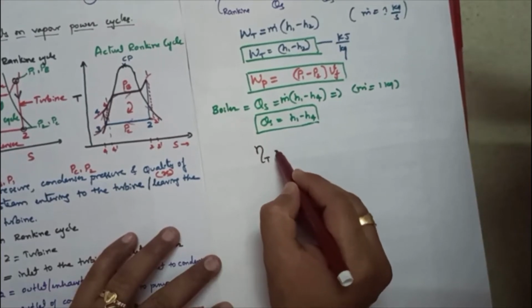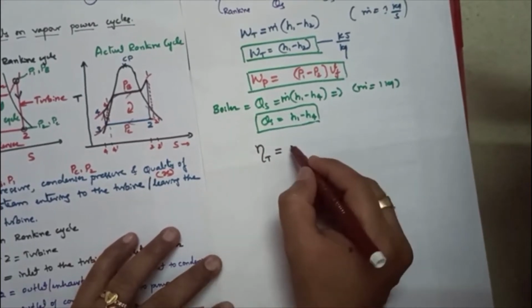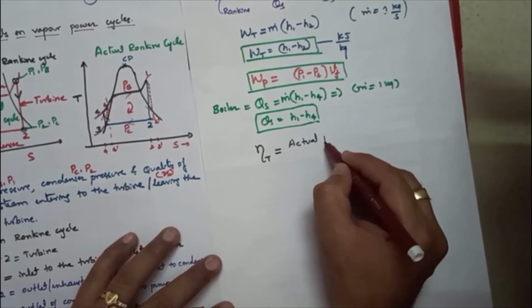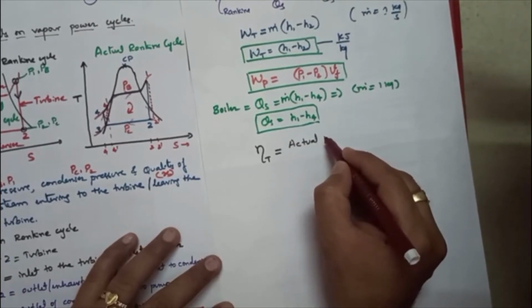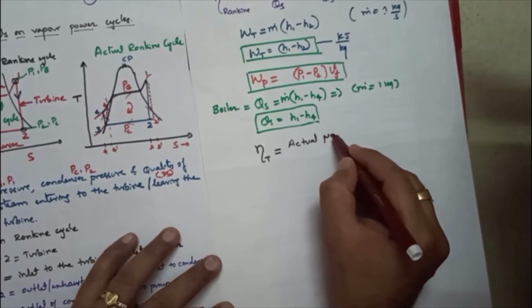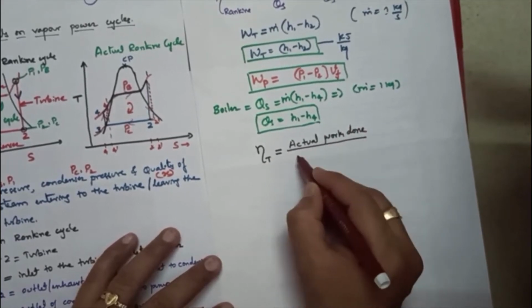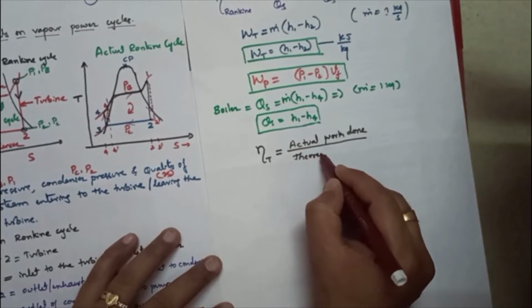Efficiency of the turbine is equal to actual work done divided by theoretical work done.